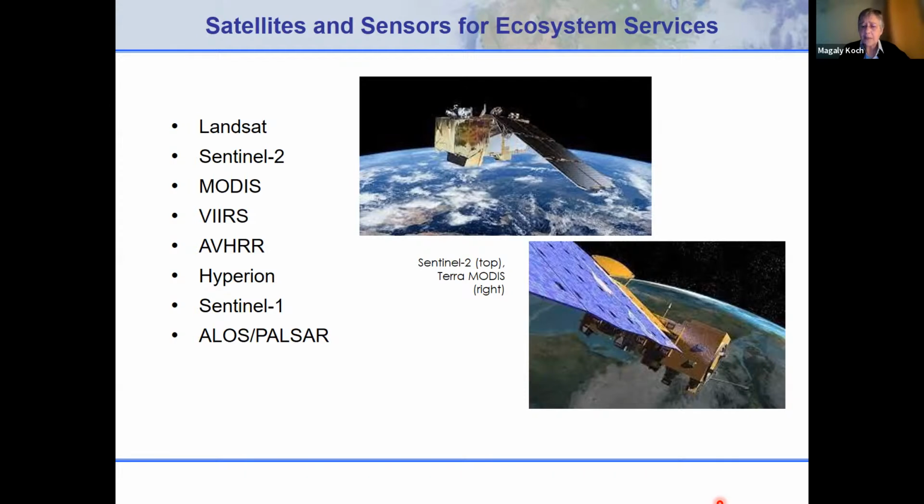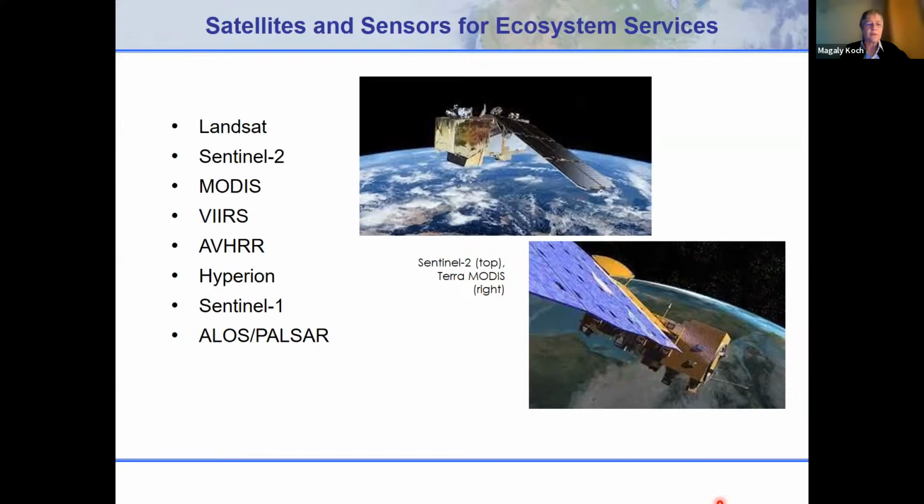That's half a century. So we have a record, an archive of imagery that describes our entire Earth system, basically captured in these Landsat scenes, and that's important data, 50 years of data.